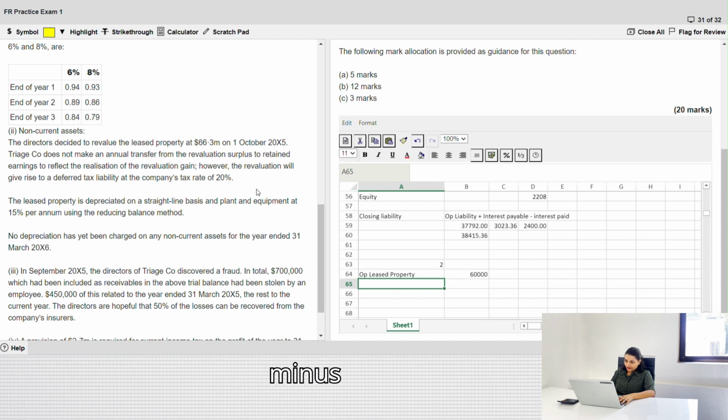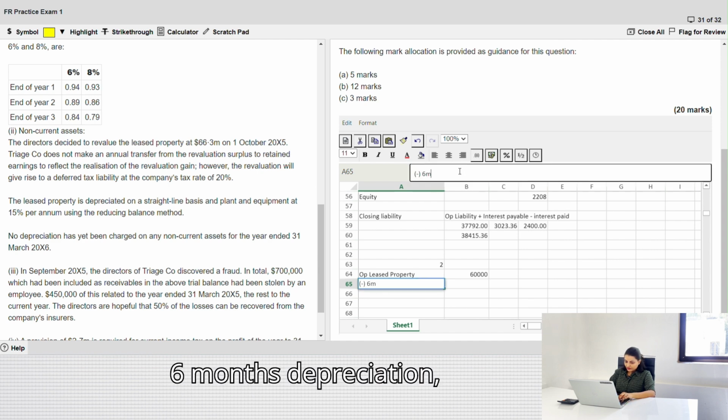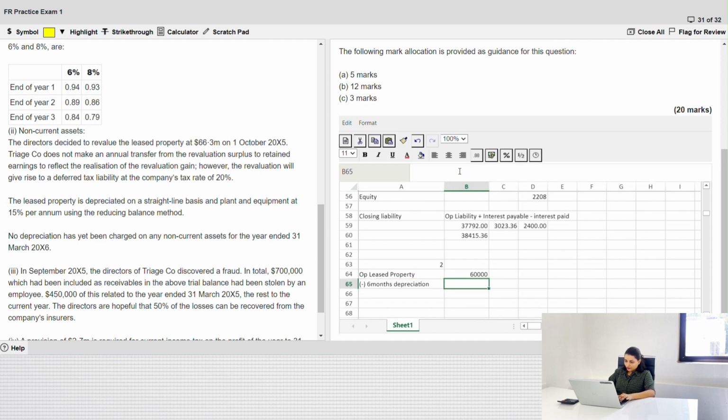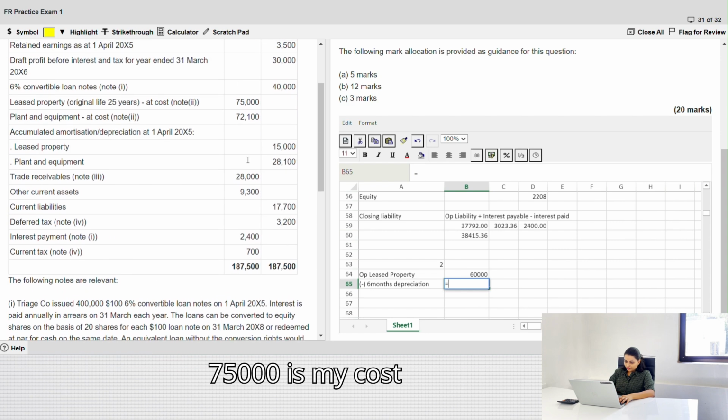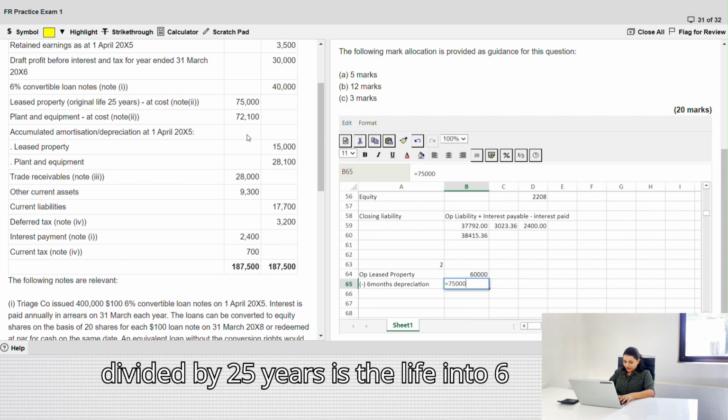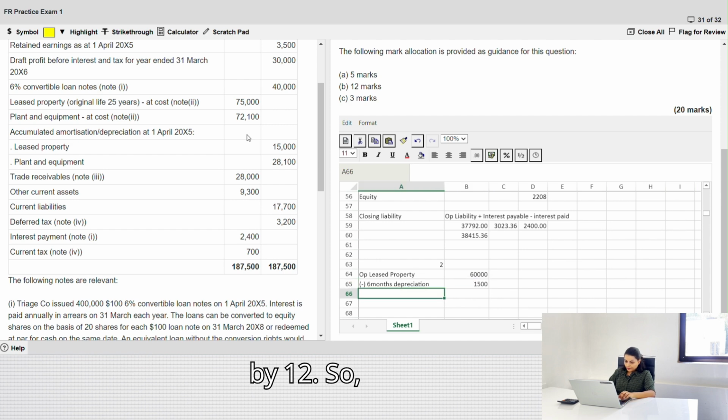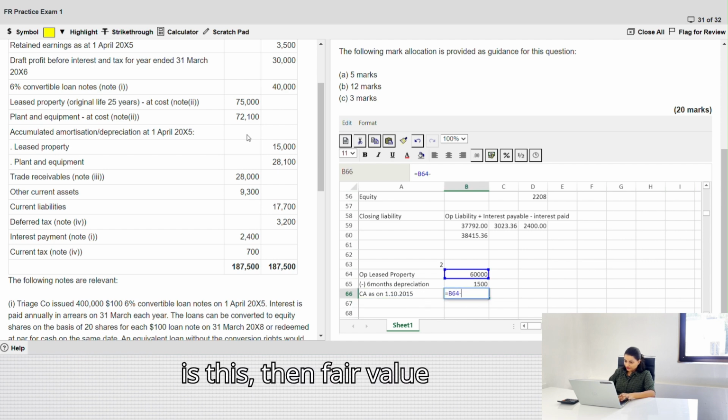Minus 6 months depreciation, which will be equal to, so I know 75,000 is my cost divided by 25 years is the life into 6 by 12. So, carrying amount as on 1st October 2015 is this.